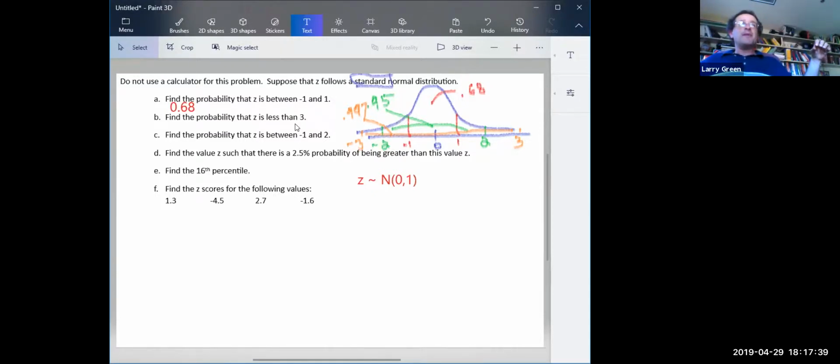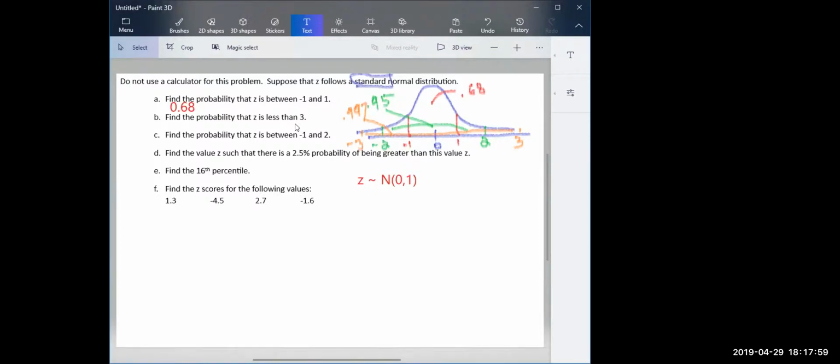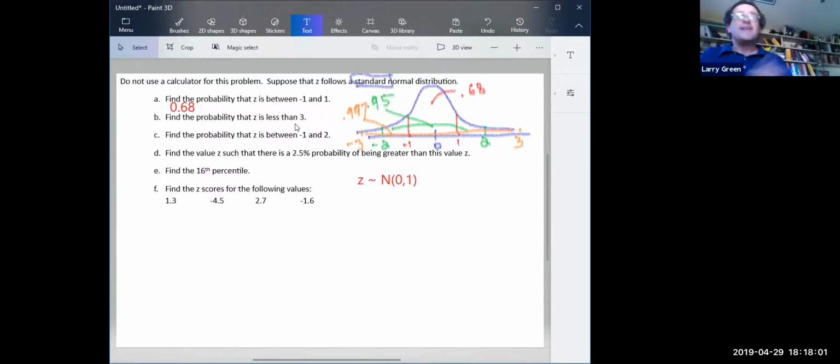So you tell me what it is from -infinity to infinity, given those are probabilities we're talking about. Yeah, it's 1, right? There's a 100% chance that it's going to land somewhere. Do you see that? So the whole area is 1.